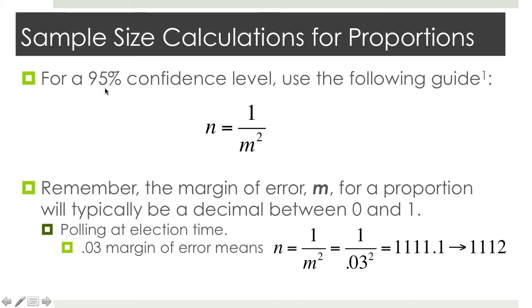Remember, our margin of error, m, for a proportion, is going to be a decimal value between 0 and 1. So think about polling at election time. You often see polls on CNN or Fox News or other news stations that poll people about approval ratings or what candidate they're favoring to vote for in the upcoming election.